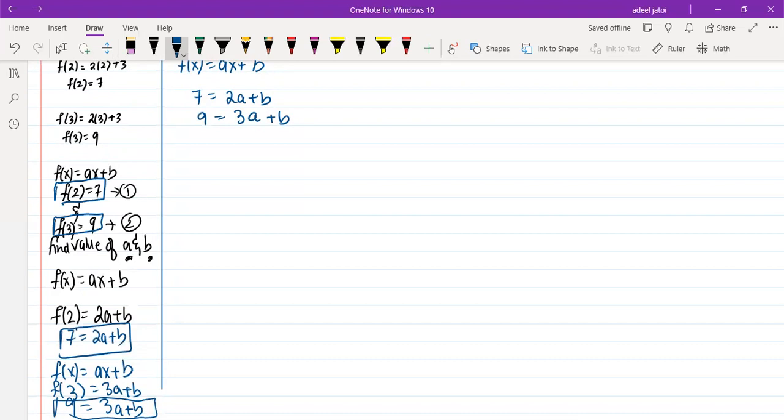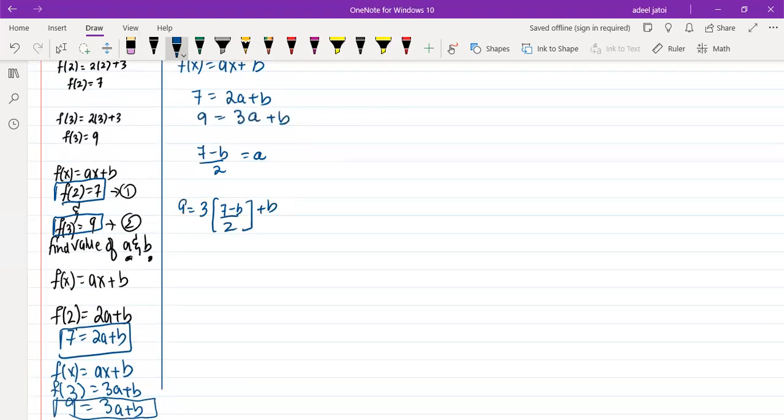Particularly, I've always said make the first variable the subject. So let's just do this. 7 minus b upon 2 is equal to a. Putting it in the second equation, 3 times (7 minus b upon 2) plus b.